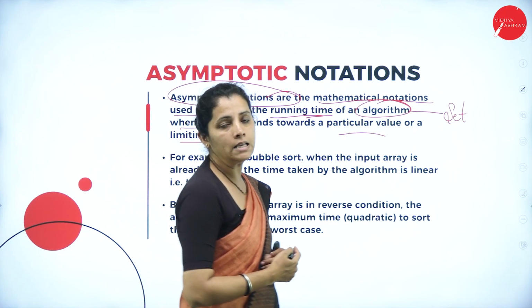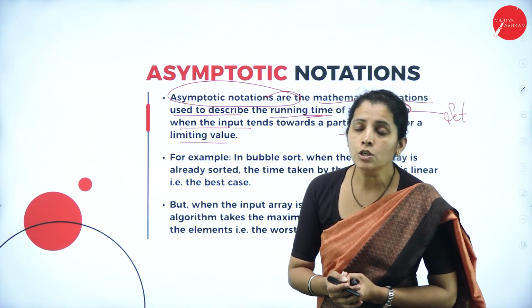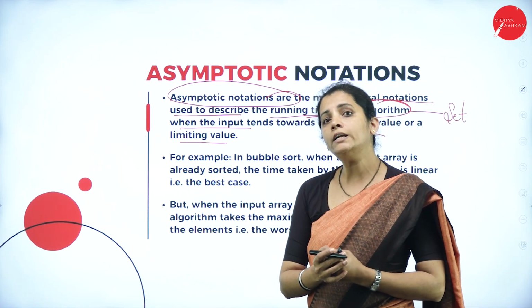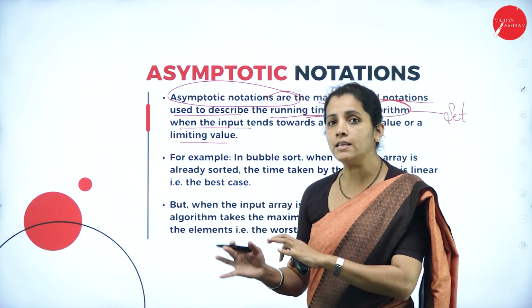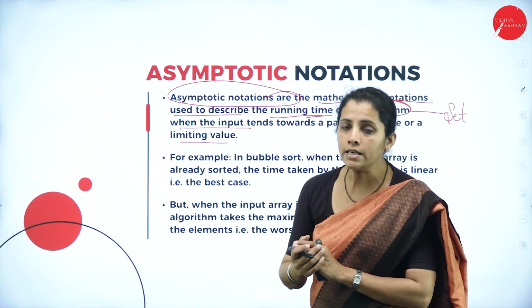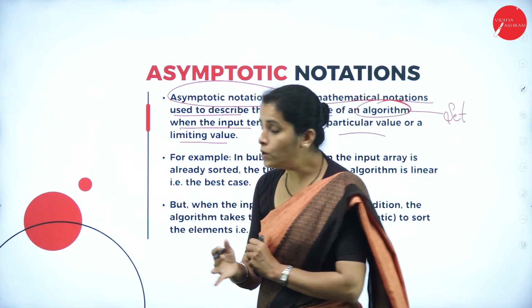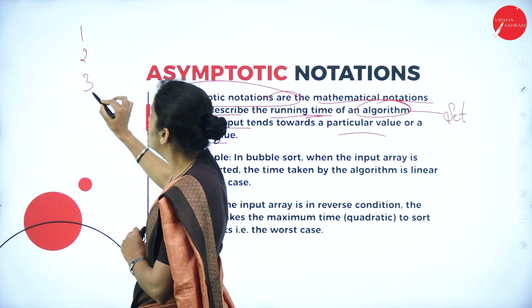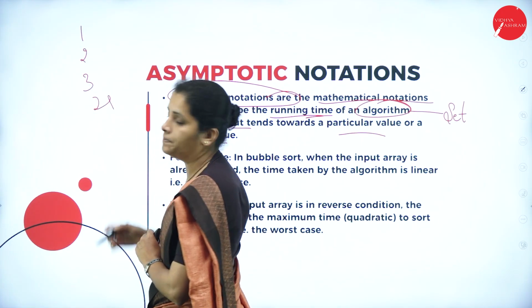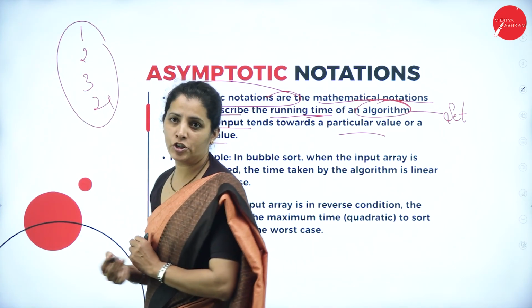Okay, fine. If I consider bubble sort, we are familiar with sorting, right? So what is sorting? Sorting is nothing but arranging the elements either in ascending order or descending order. Okay, fine. While entering input, if I enter all the input in ascending order, then what is my time efficiency?